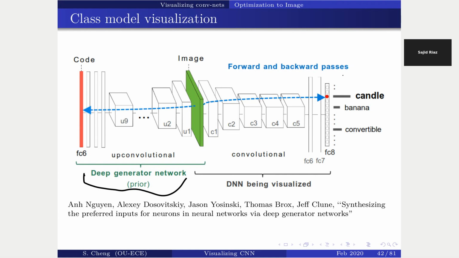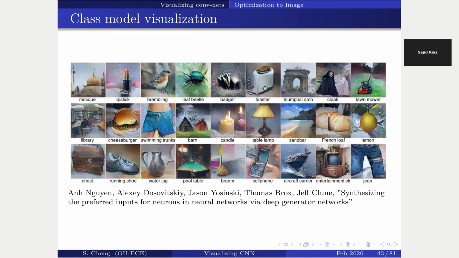Then I can send the gradient back all the way, not training any parameters in the network, but only training the code at the end. That appears to be what they do, as far as I can tell from the paper without looking at the actual code. So that's the result at that time for generating different kinds of images.